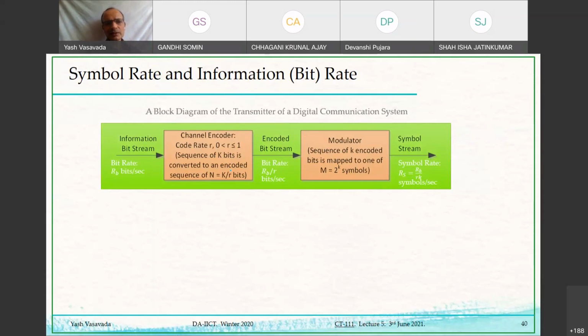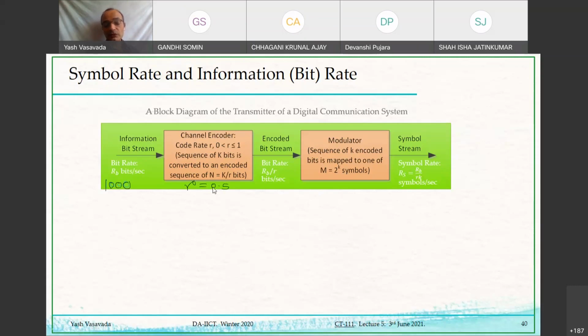I'll give you an example. Let's say RB is 1000 bits per second, and the channel encoder has a rate of 0.5.